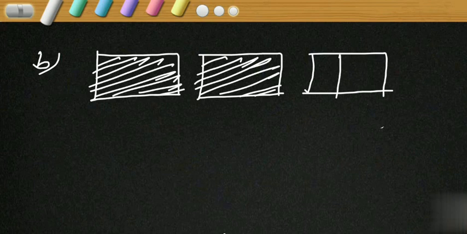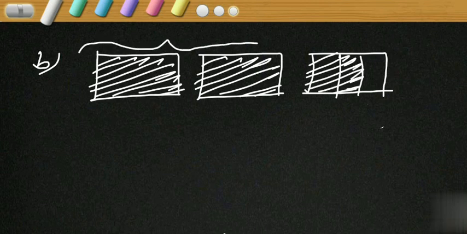Here, let's divide this into 3 equal parts and shade any 2 out of the 3 parts. And what is the fraction corresponding to this one? These 2 completely shaded rectangles, or whole number corresponding to these completely shaded rectangles? Yes, 2. And what about this figure, the fraction corresponding to the shaded part of this figure?